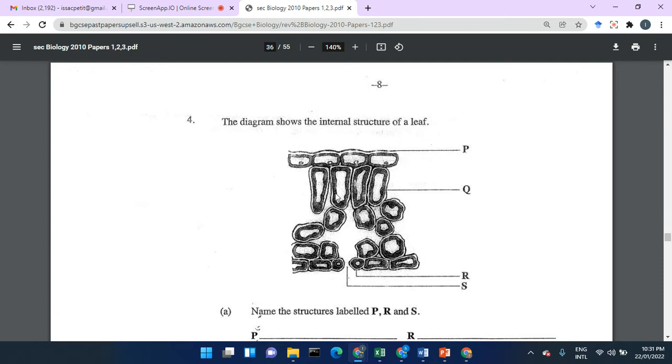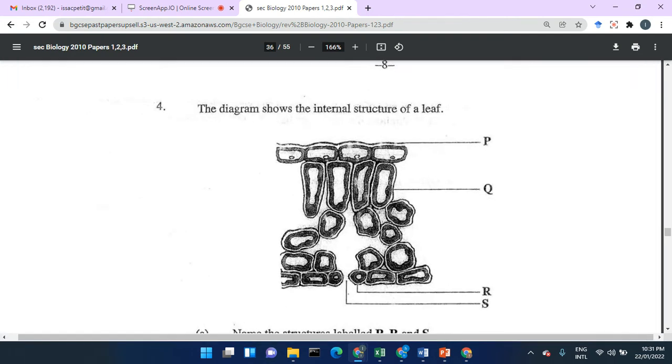Here we have this diagram that they have given us in this exam, and it shows the internal structure of a leaf.